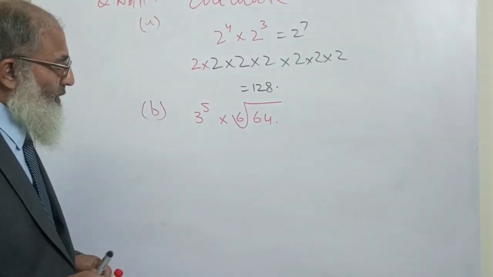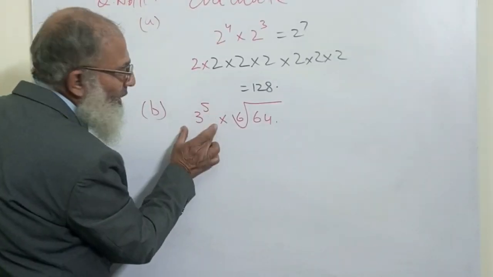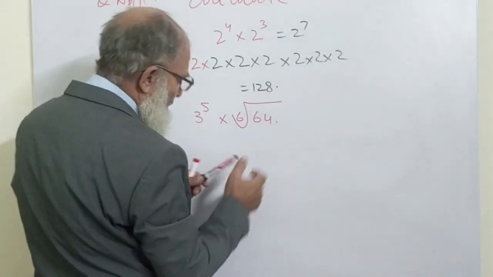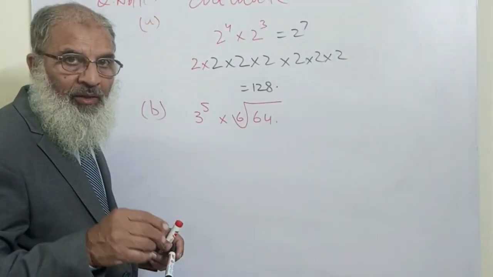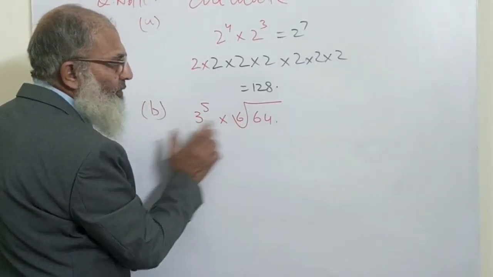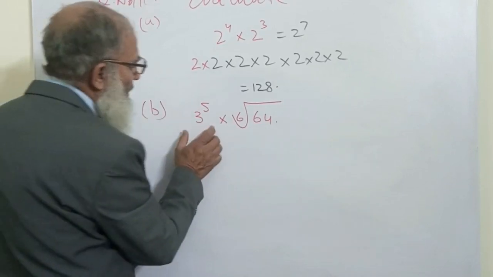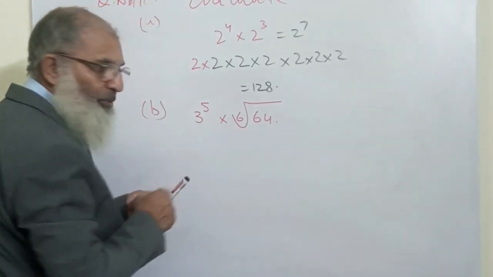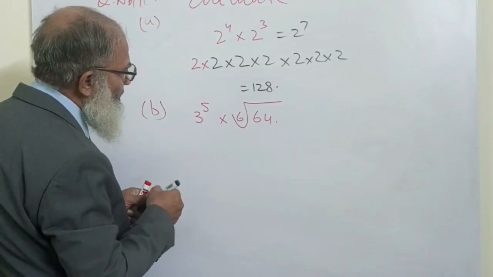Sixth root of 64. So the first part is very easy, but you have to find this part as well. And there are two ways of finding each part of this, and that is a calculator. But I am going to do it manually.